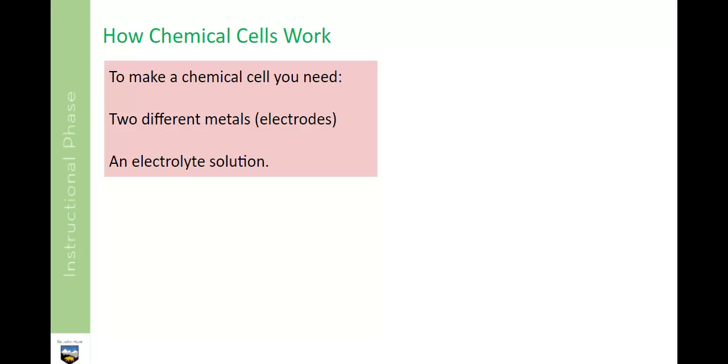Remember, an electrolyte solution is a solution that's got dissolved ions or melted molten ions that can move. Okay, so it's the ions in the electrolyte that allow the current to flow through it.